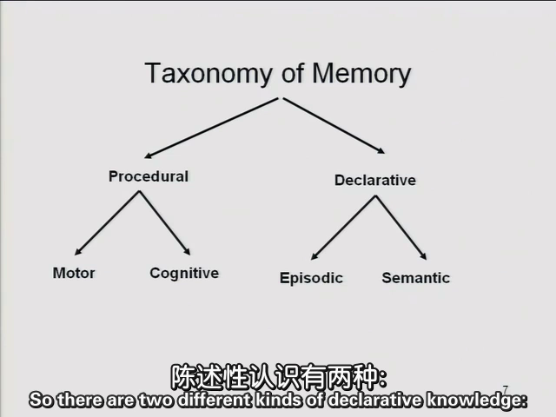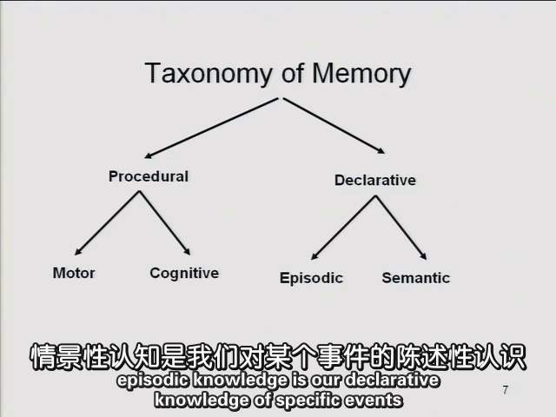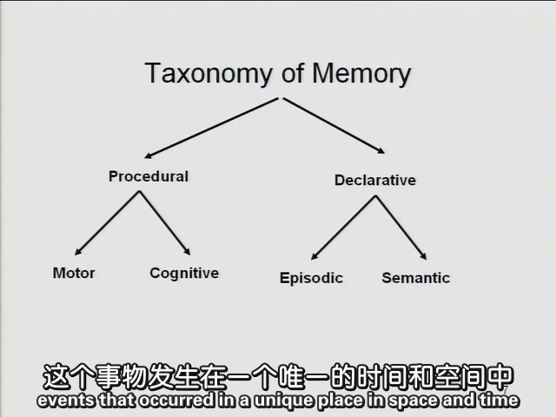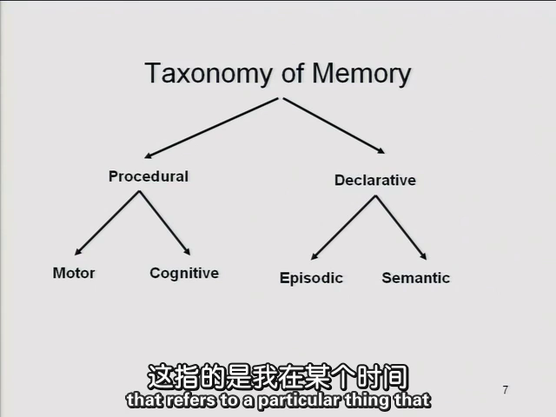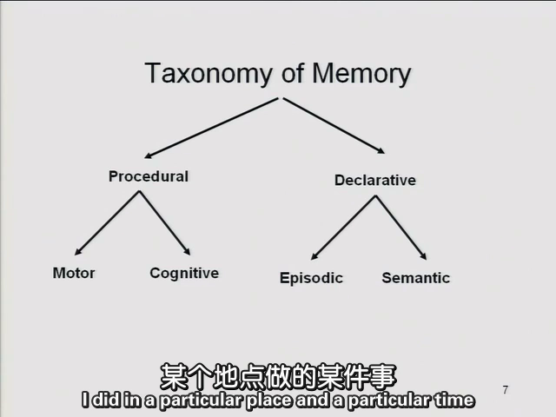There are two different kinds of declarative knowledge. Episodic knowledge is our declarative knowledge about specific events, events that occurred in a unique place in space and time. So if I say to you, I had chicken Santa Cruz for dinner last night, that refers to a particular thing that I did in a particular place and a particular time.